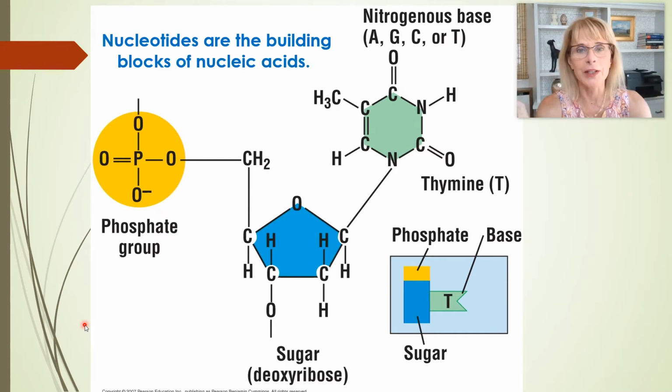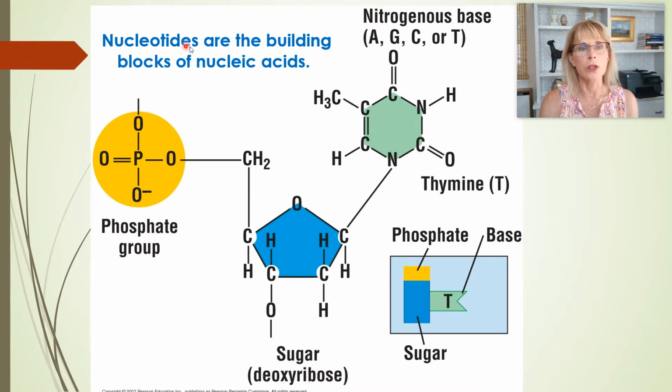Now, this is what a nucleotide looks like. It wasn't that long ago that we were talking about atoms, okay? There's an oxygen atom, there's a phosphorus atom, there's a carbon atom, two hydrogen atoms, right? So this is a small molecule, and it's known as a phosphate. This right here is a small molecule known as a sugar called deoxyribose, and this is a small molecule. This particular one is known as thymine, and thymine is an example of a nitrogenous base.